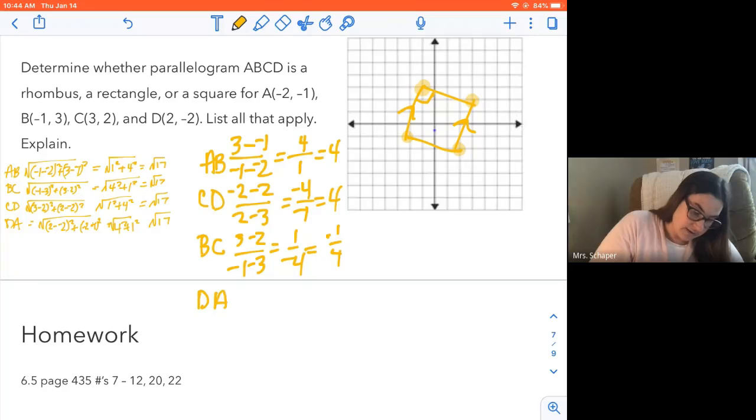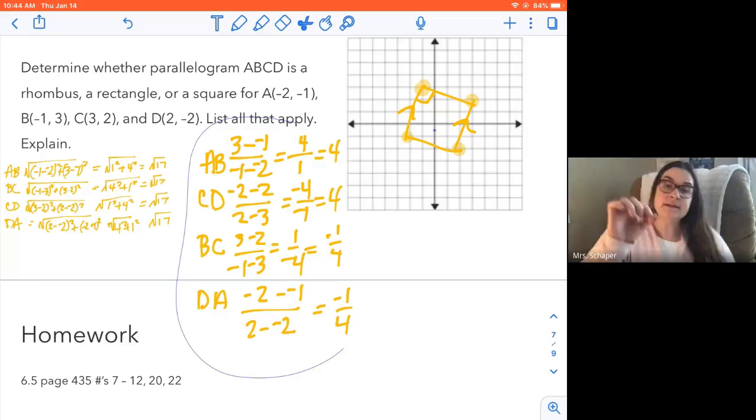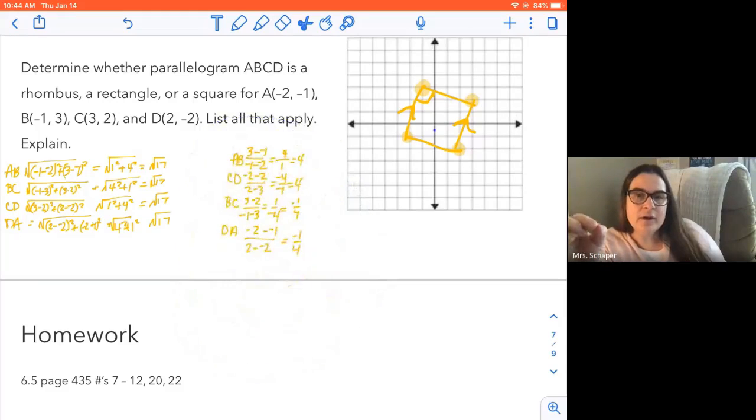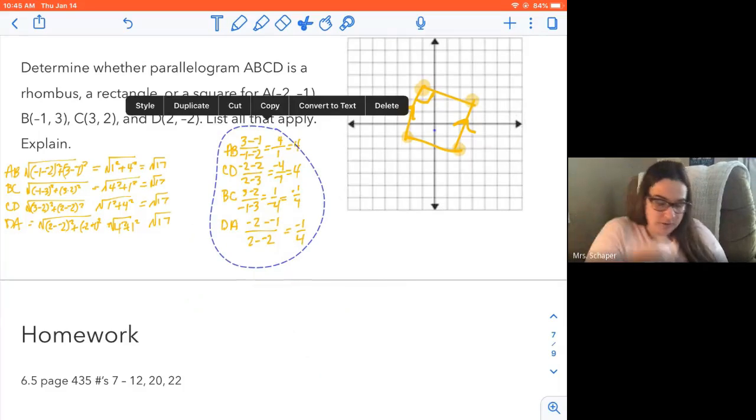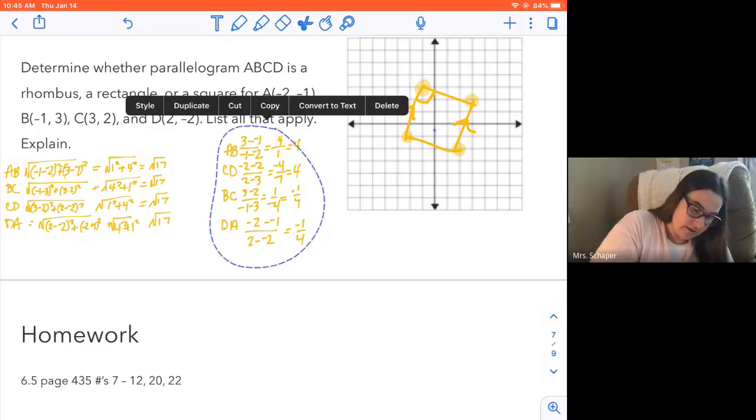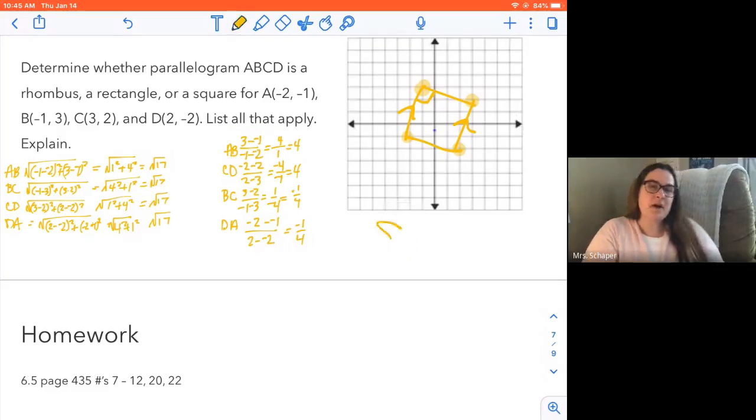That is (-2 minus -1) over (2 minus -2), which gives me -1/4. So what we have is that opposite sides are parallel, opposite sides are congruent, and all sides are congruent with right angles. So most specifically, this is a square because of all of that.